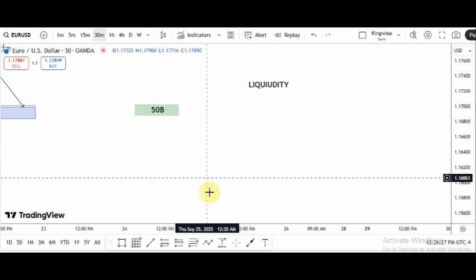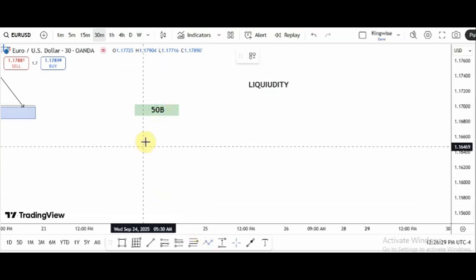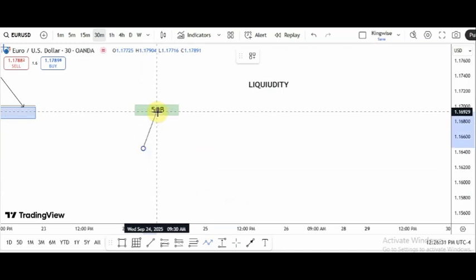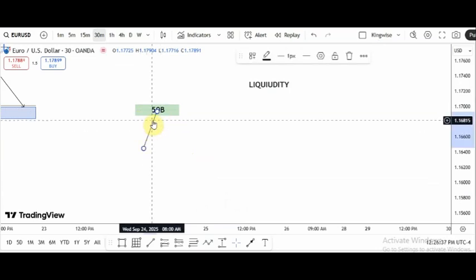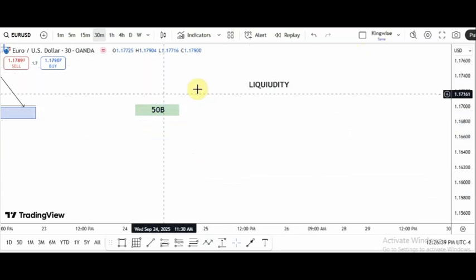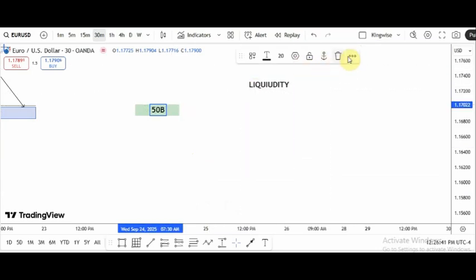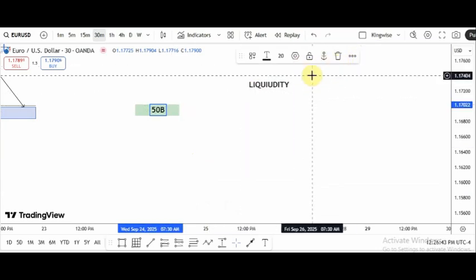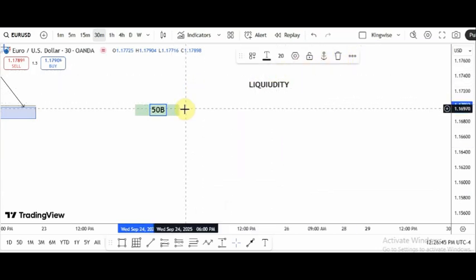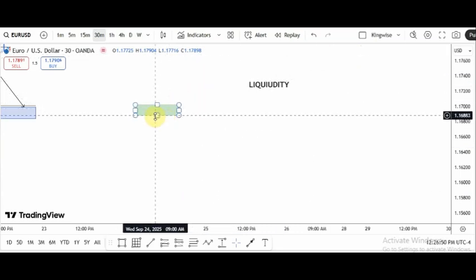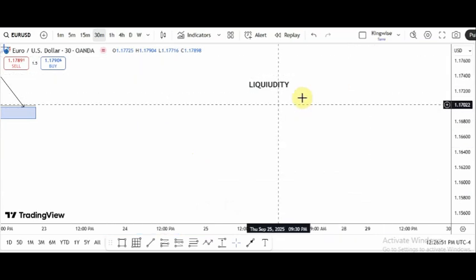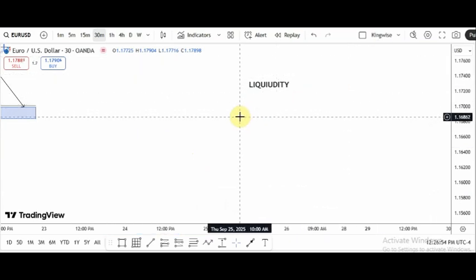It is because of this money that is here that the market will move towards this direction. So it is the motivation, the reason why the market moves. That's just the point. Liquidity is a pool of money, and there are places where liquidity is found. If you have an understanding of where this liquidity is packed, you will know when you see one.